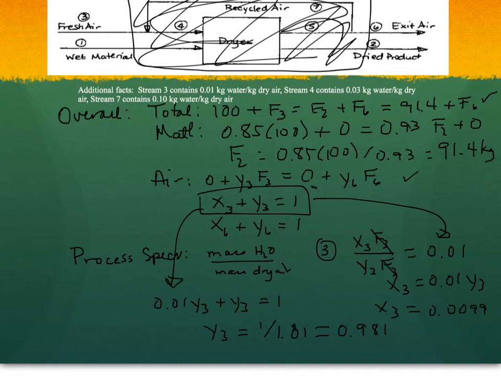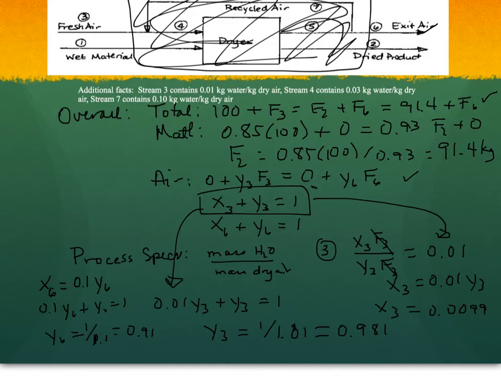Now I could do the same thing for this stream here, which is 0.1. Similarly, x6 is going to be 0.1 y6. 0.1 y6 plus y6 equals 1. y6 is 1 over 1.1, which is going to be 0.91.